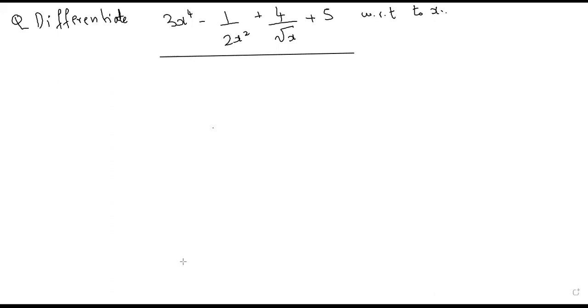Yes, Munja, what is the answer? I found 12x cubed plus 2 over x minus 2 square root of x. Okay. And what about Haris and Vishal? Okay.